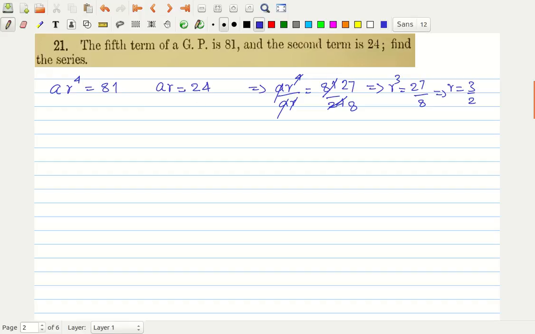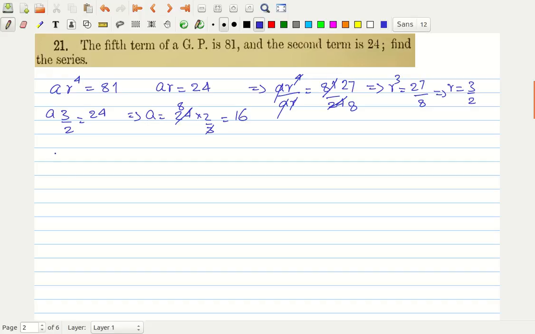We can find a from this equation. So we know that a times 3 by 2 is equal to 24. So a is going to be 24 times 2 by 3, which is equal to 16.